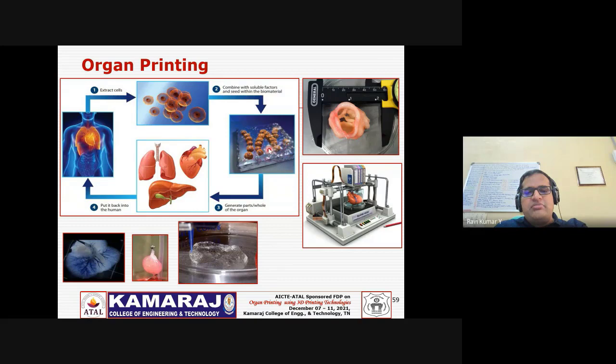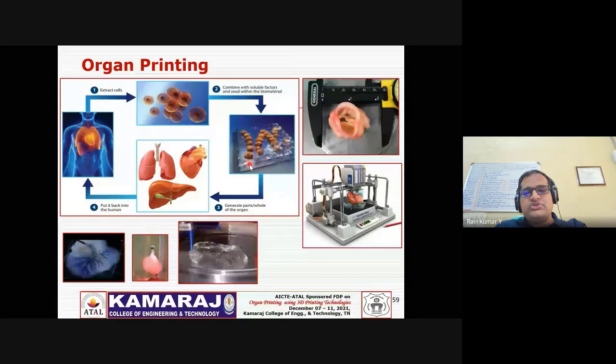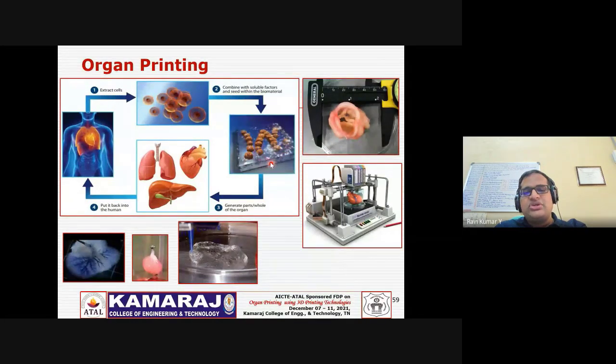You use certain bioreactors to do this job, and once it has passed those tests or benchmarks, then it can be used. But it is still an early stage to expect firm standards in organ printing, saying that these are the standards to replace your heart or your lungs. It is quite early to discuss.